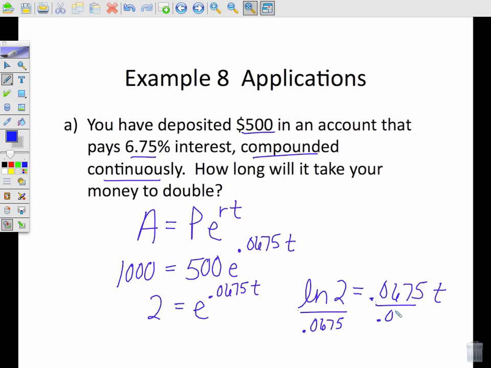Divide both sides by 0.0675, and your t then would equal how long it would take, and in this case you should get approximately 10.3 years. That's how long it would take for you to double your money, again, at that percent.